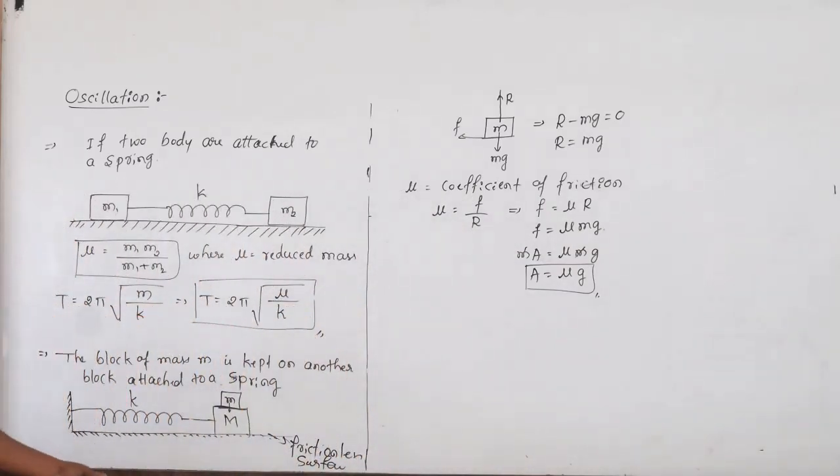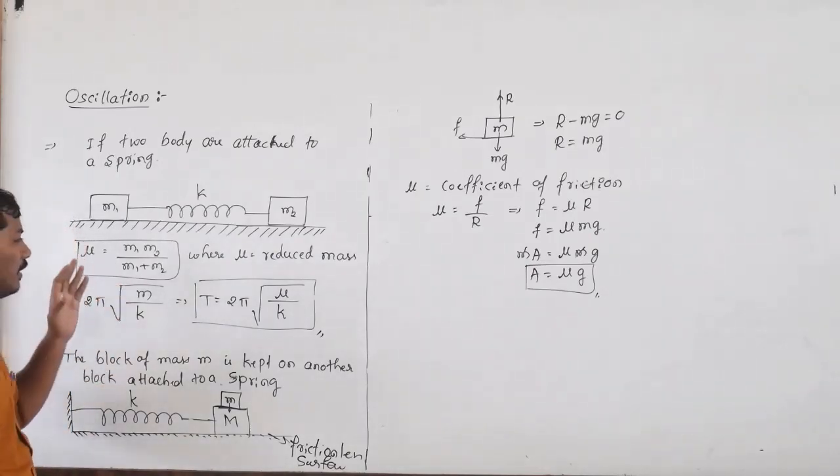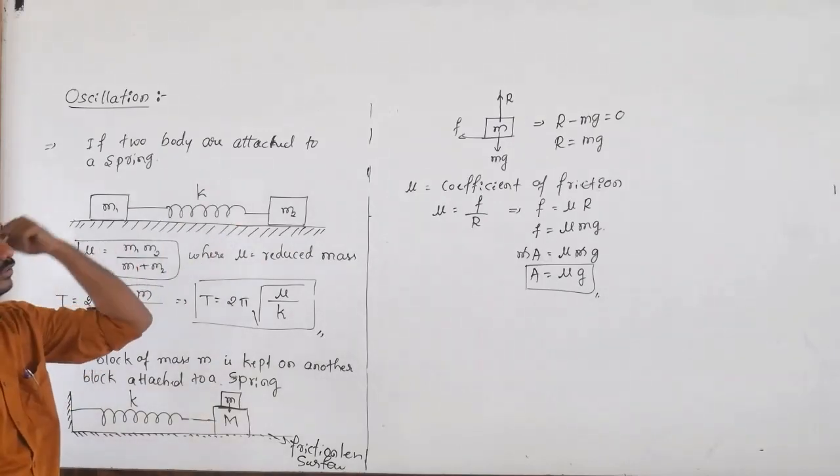Then what about the time period? We have the equation for time period, that is nothing but the mass divided by k. Then k is also there.